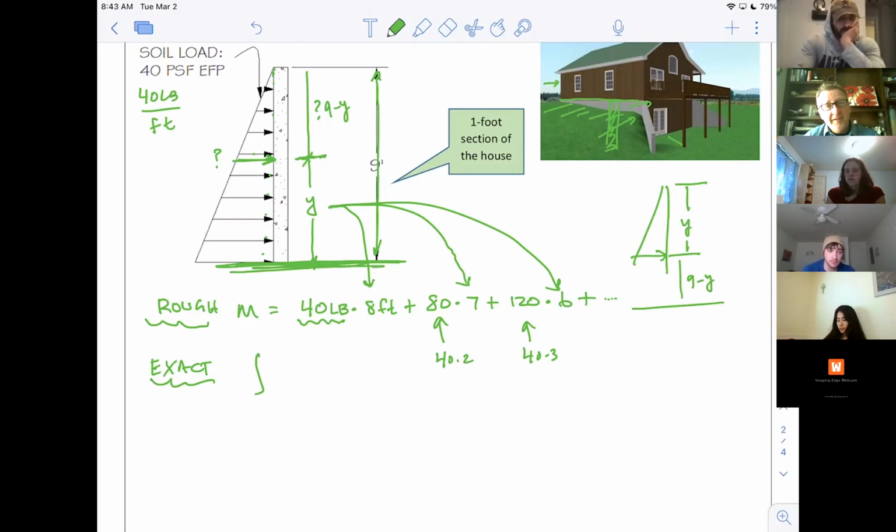So yeah, the growth is linear. If you're 2 feet down, it's 80. If you're 3 feet down, it's 120. You're really just taking 40 times however deep it is. Well, if we agree then that this is the depth, then isn't our force 40 times however deep you are?